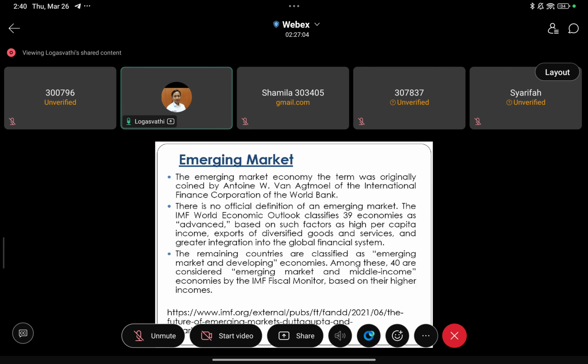Next is France and Germany. Basically, France and Germany follow the universal banking concept or universal banking system. In France, there are three types of banking structure, which are savings banks, retail banks, and specialized banks. Okay, these are the three main structures utilized by the French banking system.